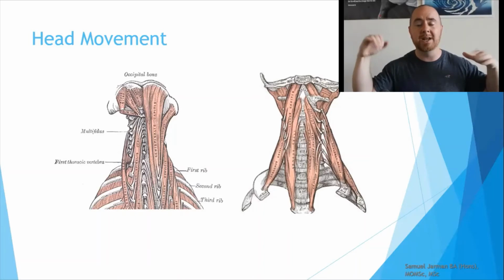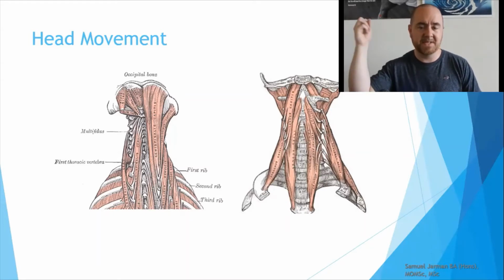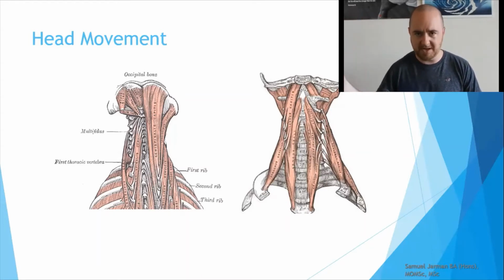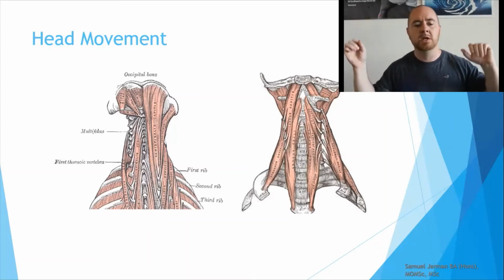And then any of those that we've already mentioned, when they contract on one side or the other, you will get some combination of side bending or rotation depending on the nature of the movement being created. We've already touched on these muscles, especially in the cervical portions, but we want to touch on them again, just for redundancy. So longus capitis and rectus capitis anterior and lateralis on the front for bilateral flexion, or side bending and rotation, one side or the other.